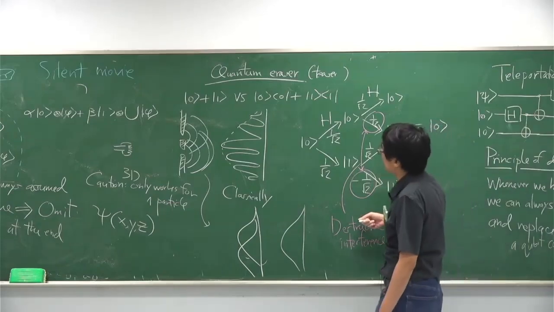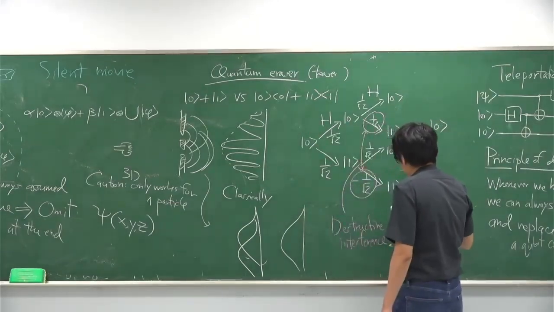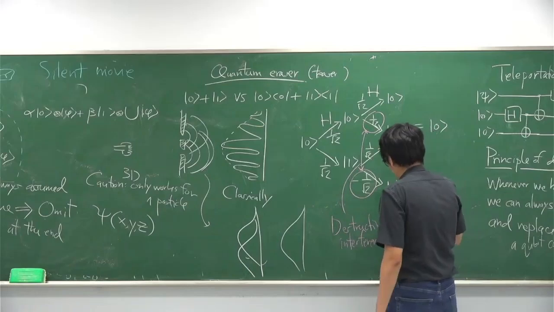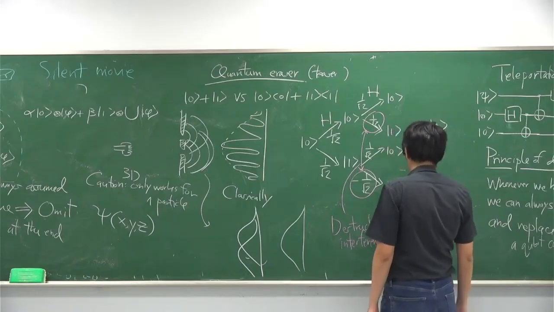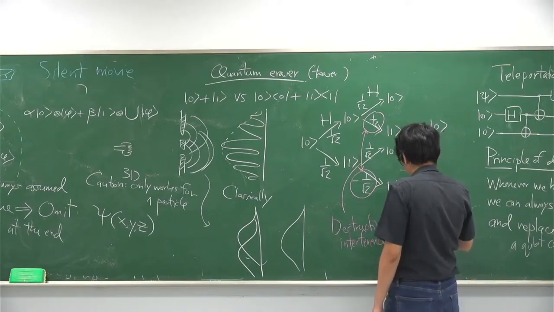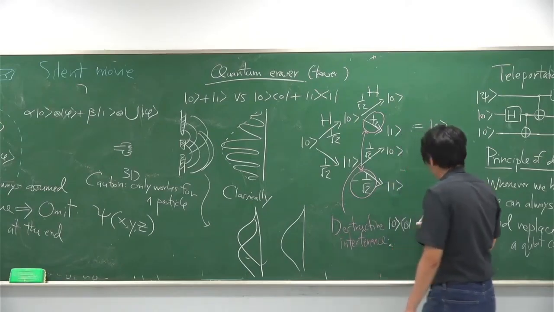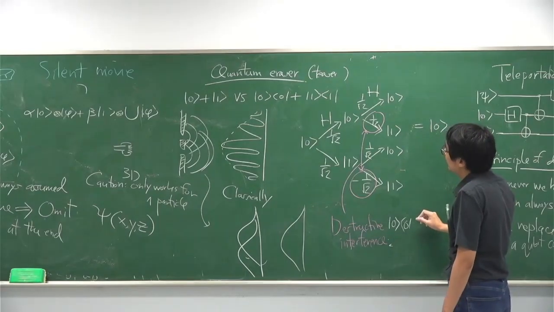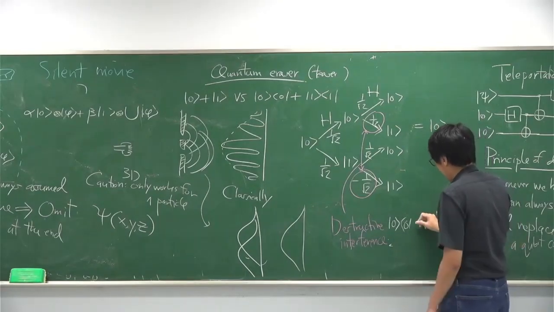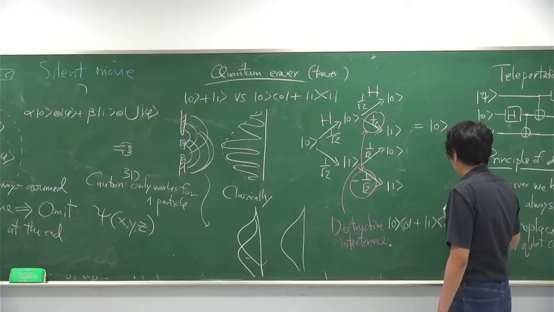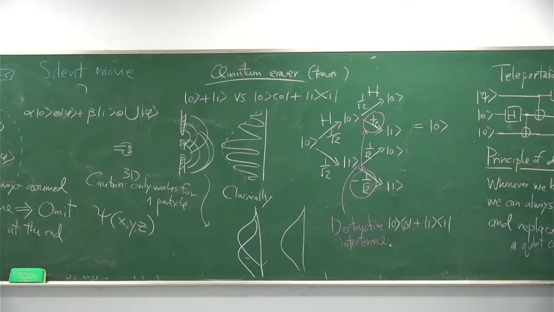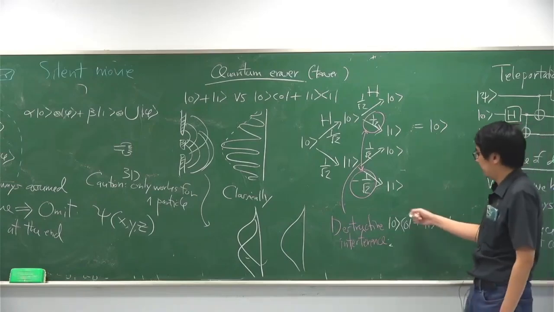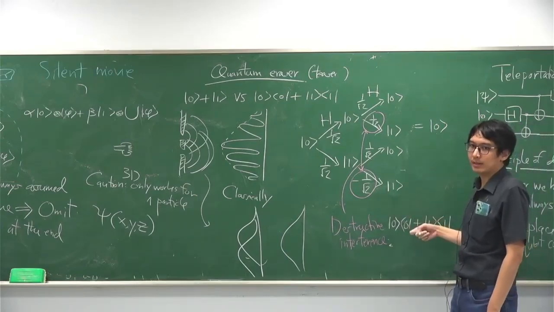Of course, for the classical analog, this does not happen, and I can write it as well. So let's see. I don't want to write the whole thing, but suppose that I already have this, and I apply the Hadamard to this density matrix.